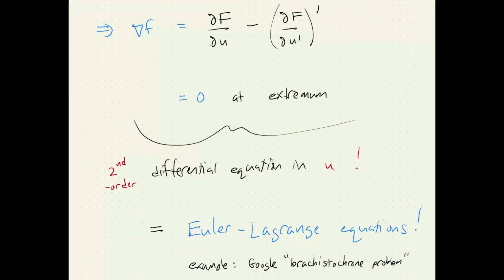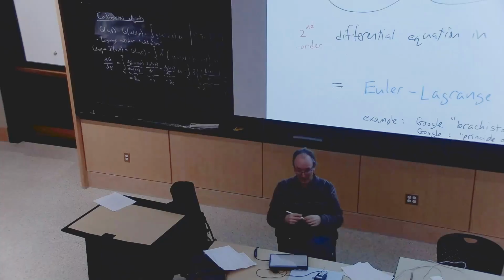Another example would be to Google the principle of least action. That's how you get the Euler-Lagrange equations in mechanics. So it's a great example. It lets you turn these things into differential equations.